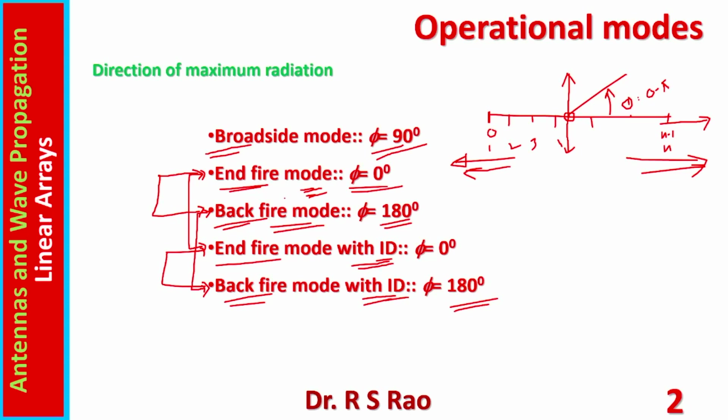Of course, phase progression alpha takes the same value but opposite polarity in case of end fire mode and backfire mode. In the same way, the value of alpha phase progression is the same in end fire mode with ID and backfire mode with ID: same value but opposite sign, opposite polarity.